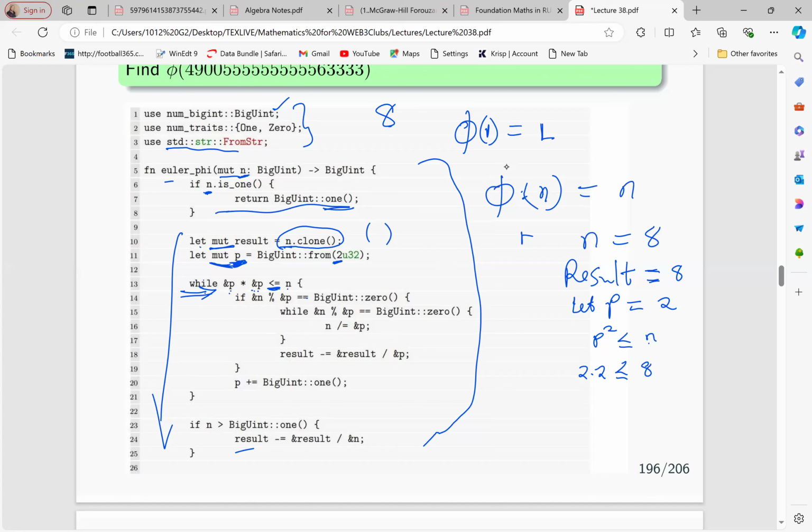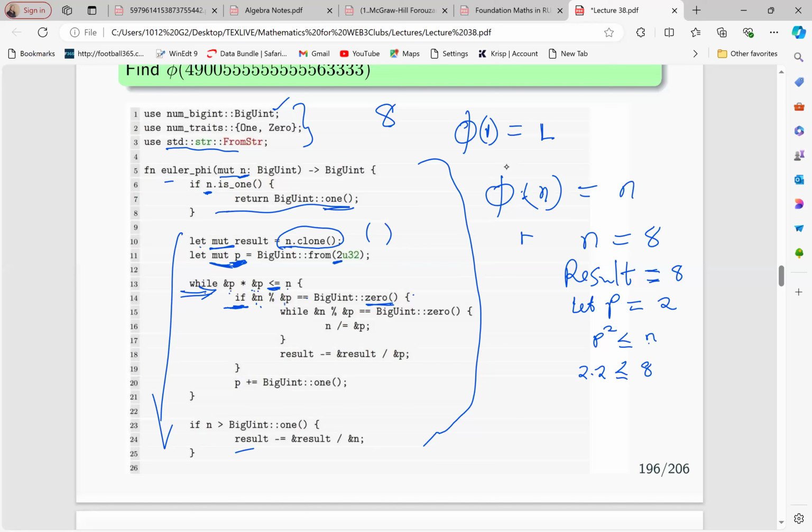Now, if we go inside the loop, we meet another condition, another if inside. And the if says that if n divided by p gives you 0 as the remainder, you again enter another loop.